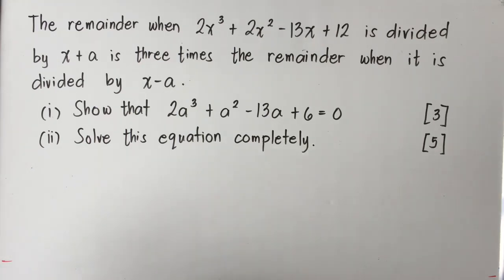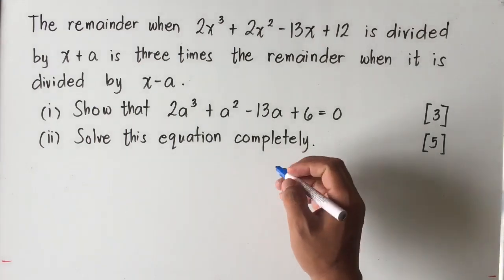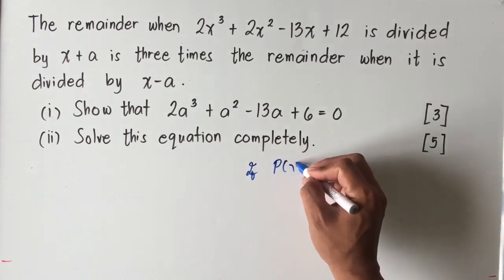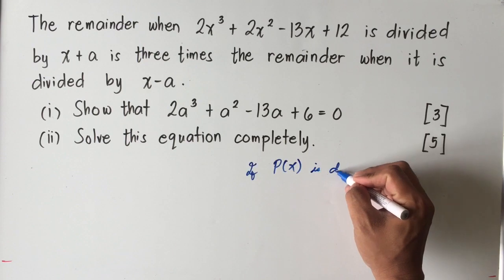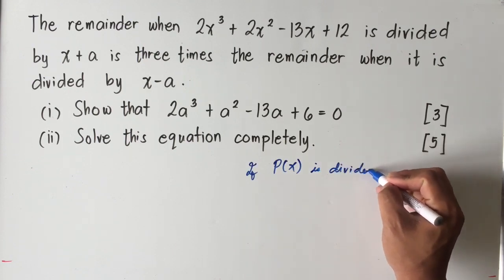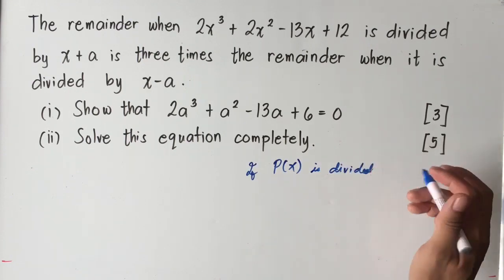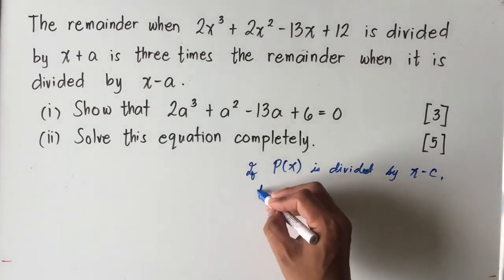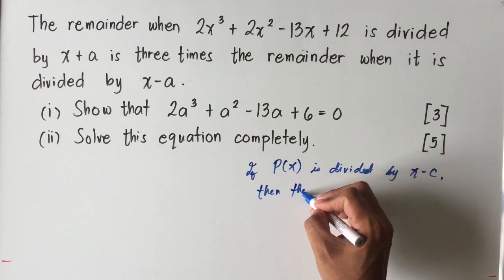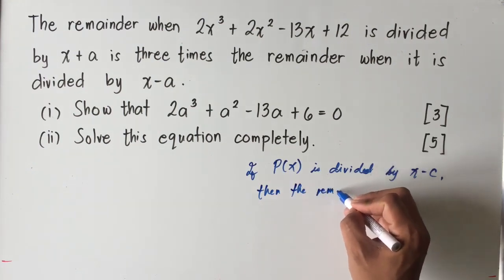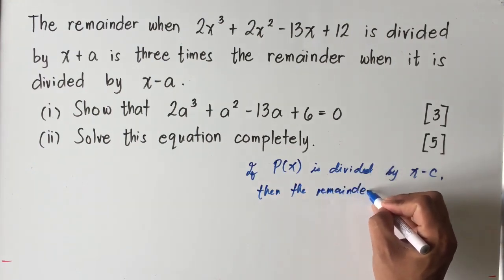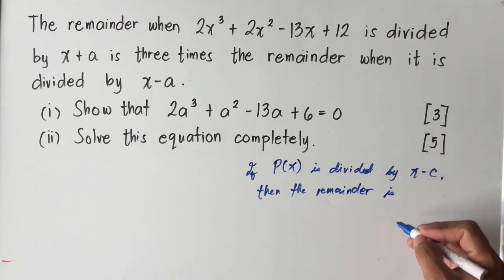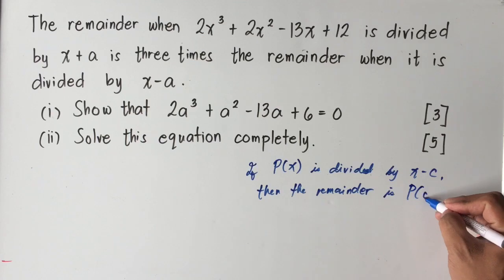You have to recall that if a polynomial p of x is divided by x minus c, then the remainder will be p of c.